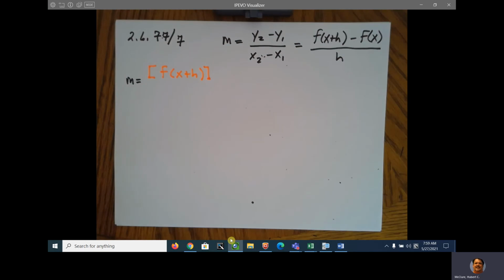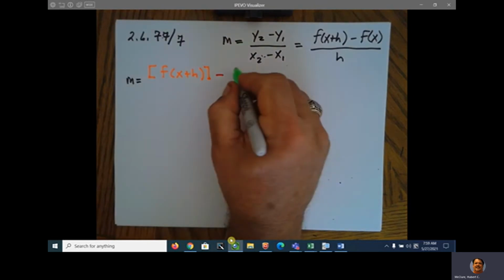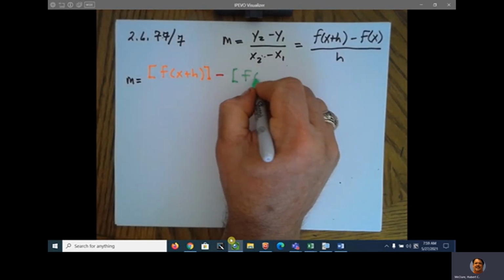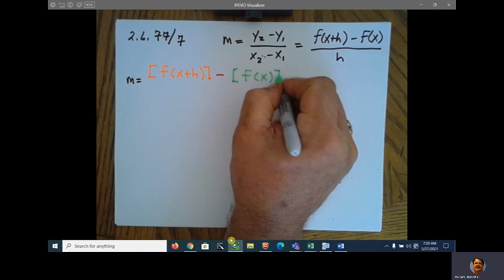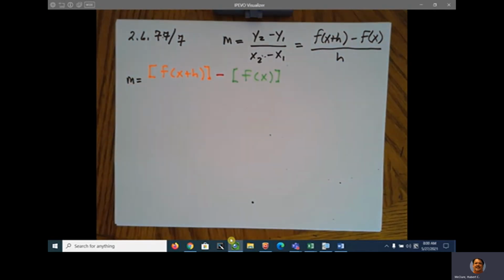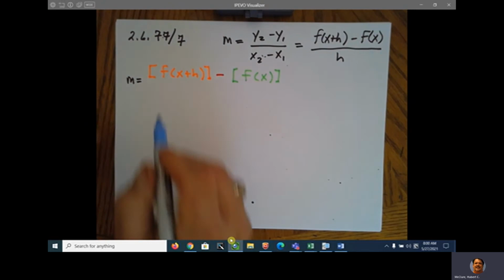Minus, and we do minus in red because that negative will get you if you don't treat it with respect. So I'm going to put that negative in red, and green would be f of x. And all that is over h, and I'll do h in kind of a weird color.